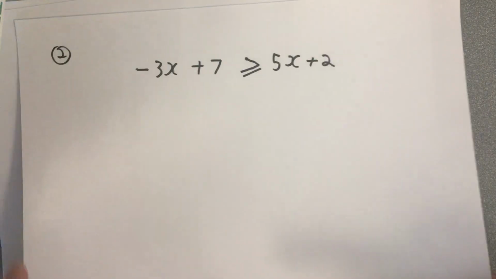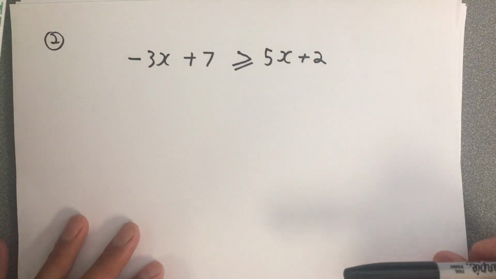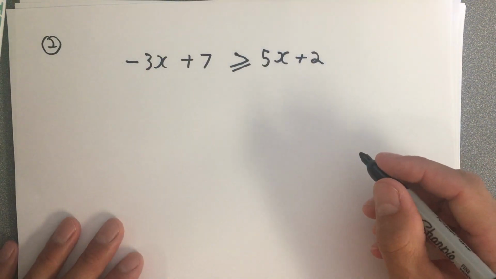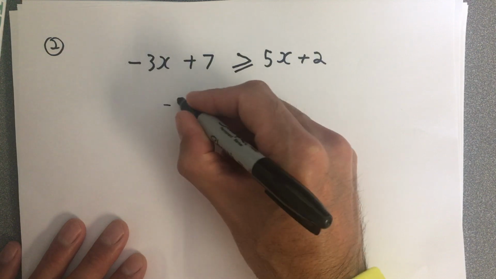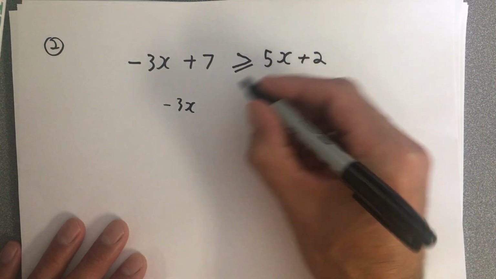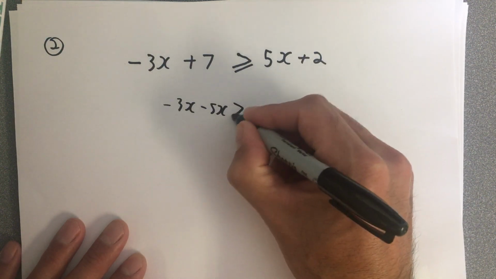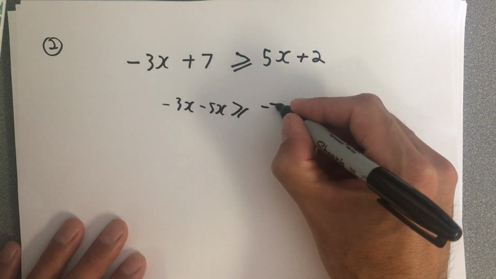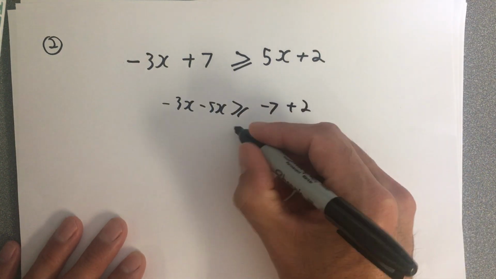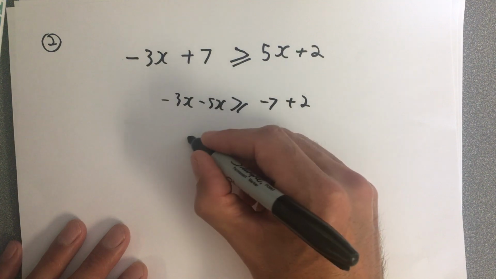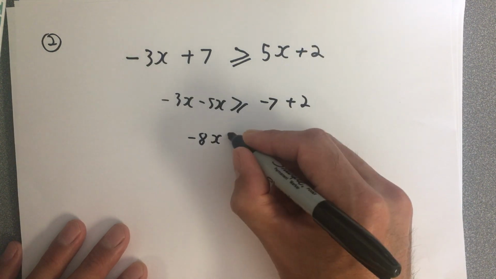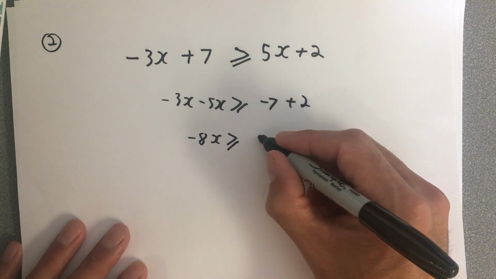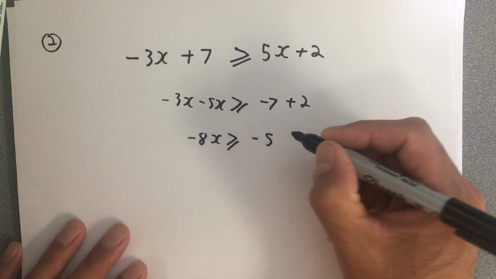Okay, in the next example, this is very similar to that one, but a little trick comes in that I'm going to explain. So we have negative 3x minus 5x is greater than or equal to negative 7 plus 2. So negative 8x is greater than or equal to negative 5.